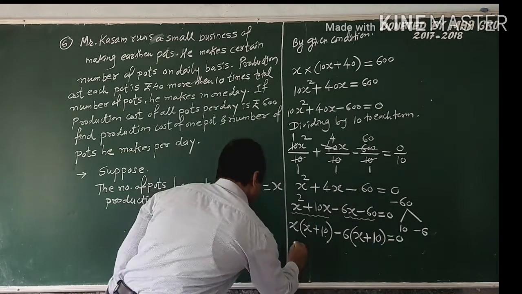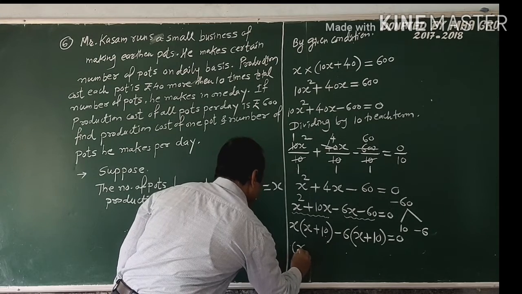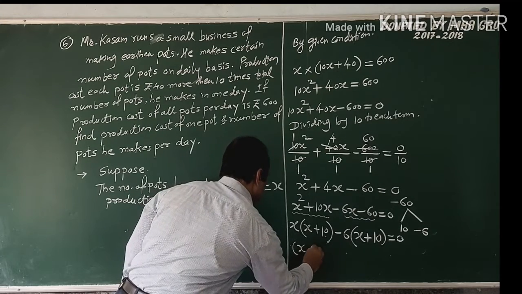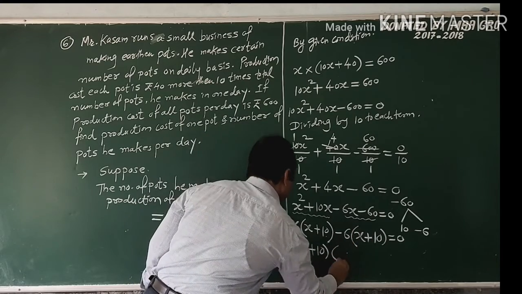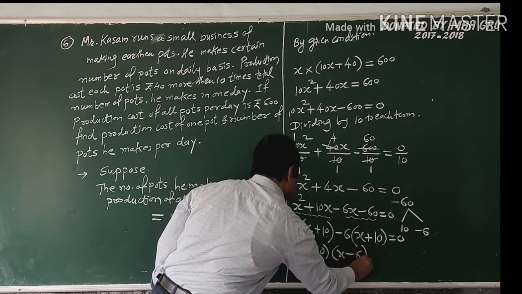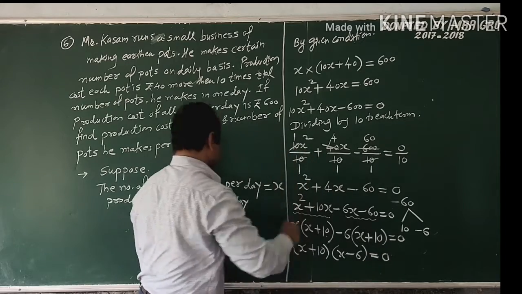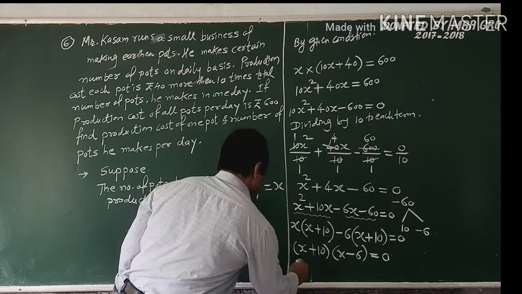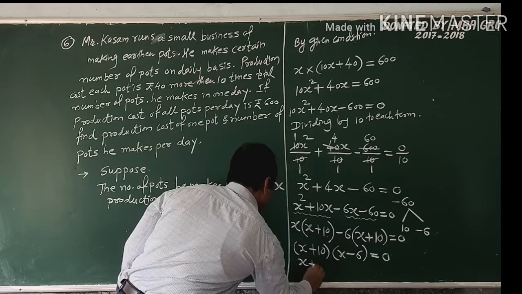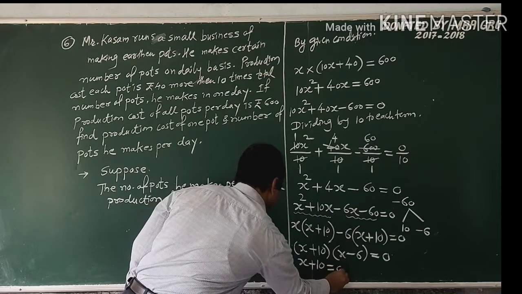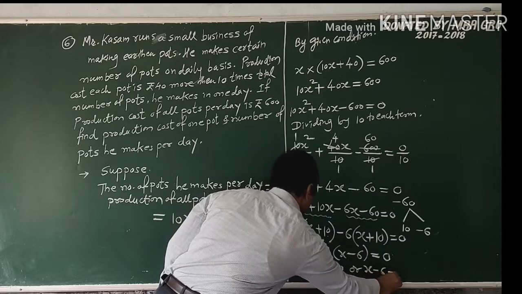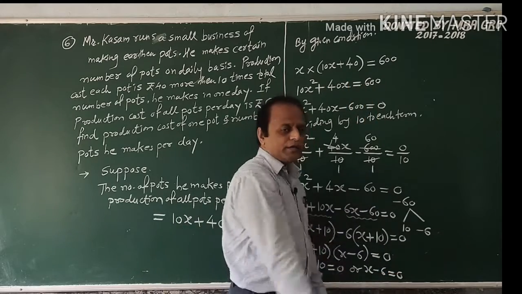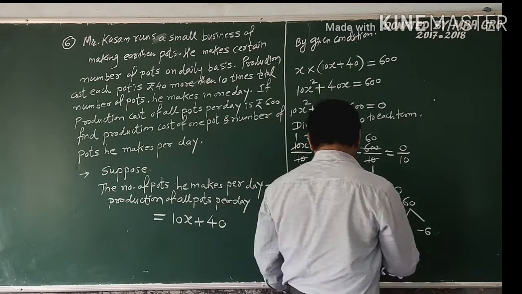In this way we get two brackets, x plus 10 common between these two terms, and remaining x minus 6 is equal to 0. In this way we can write x plus 10 is equal to 0 or x minus 6 is equal to 0.